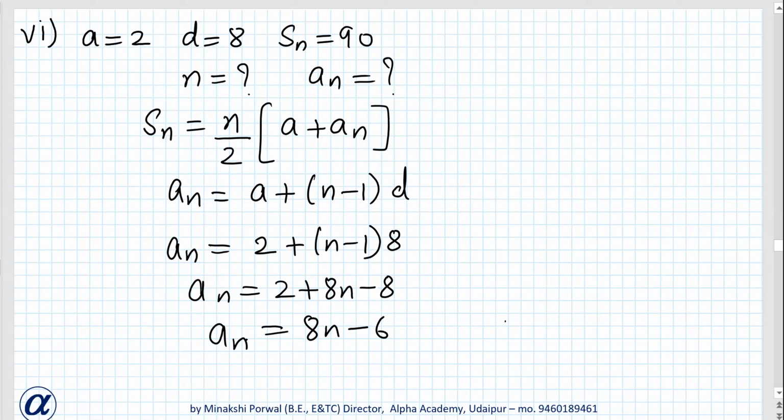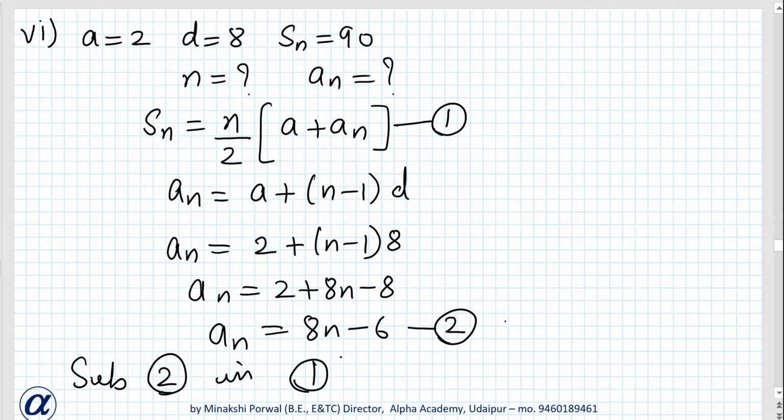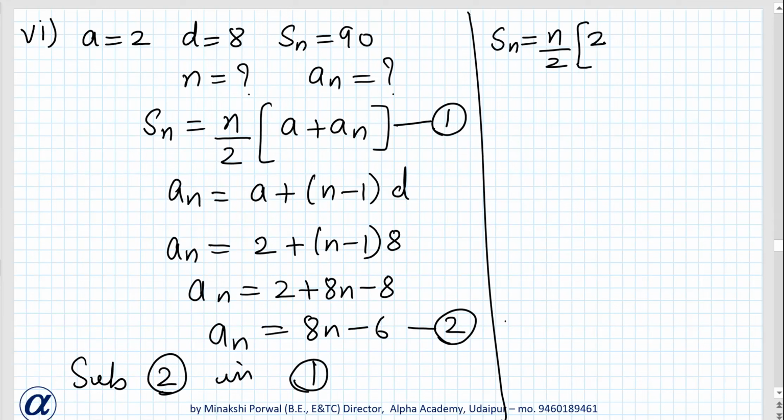Now in Sn, substituting this An here, substituting 2 in 1. So here we'll get Sn equals n by 2 times A, which is 2, plus An, which is 8n minus 6.